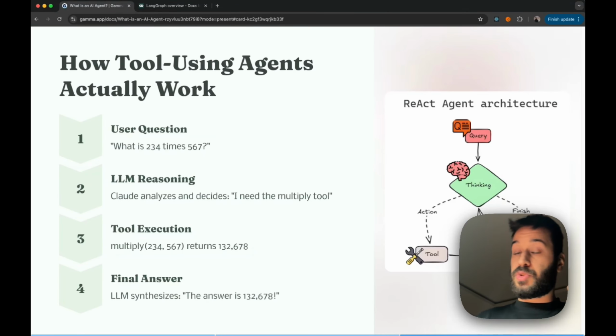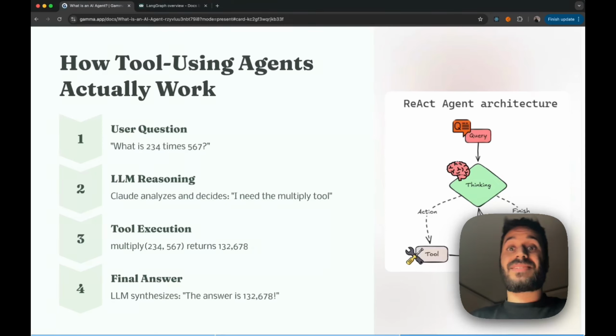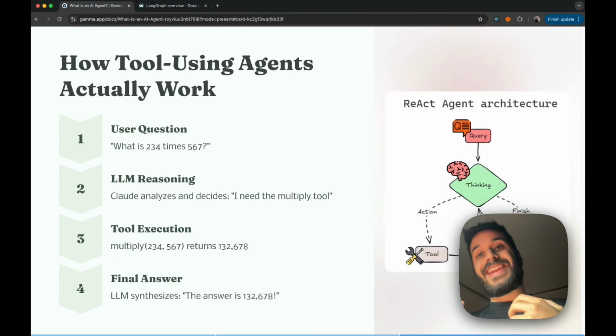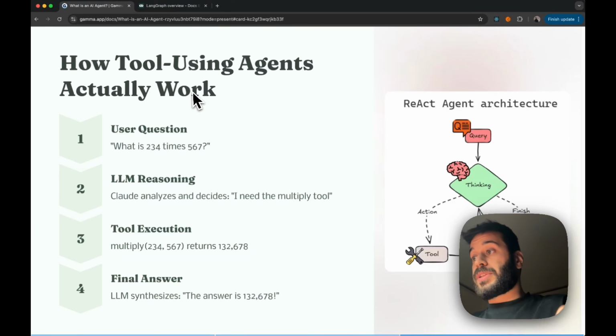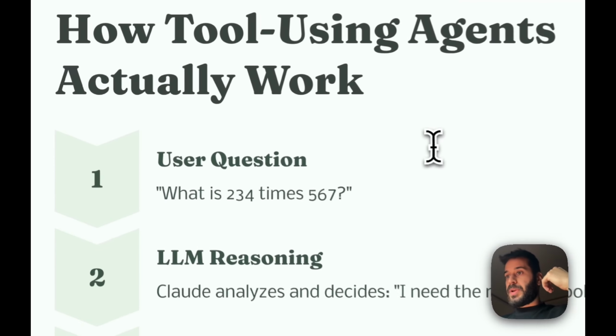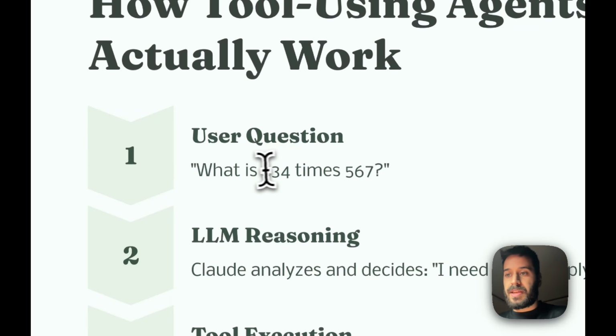And now we have the tool use. As I told you, a normal LLM doesn't have access to tools, while an AI agent has access to tools. So how does a tool-using agent actually work? Here's an example of a question that you might ask. Let's say, what is 234 times 567?